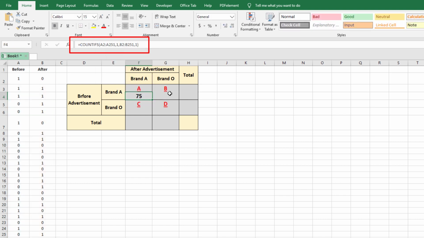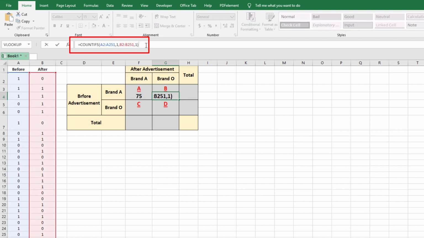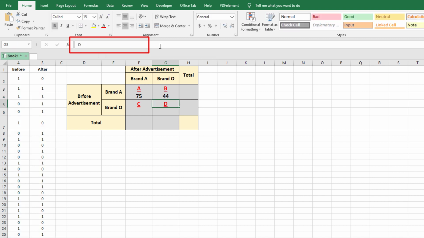The only change you need to make is before A but after 0: before 1 and after other. How many? 44. That means 44 customers shifted from our brand to other brands due to the advertisement campaign.